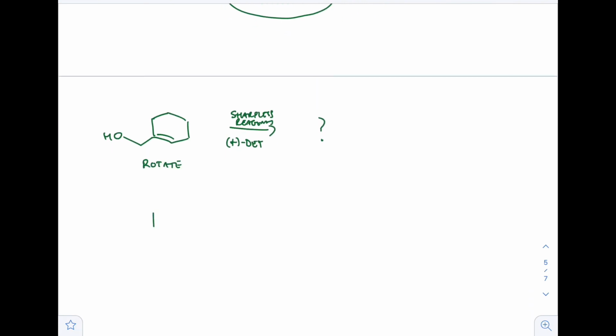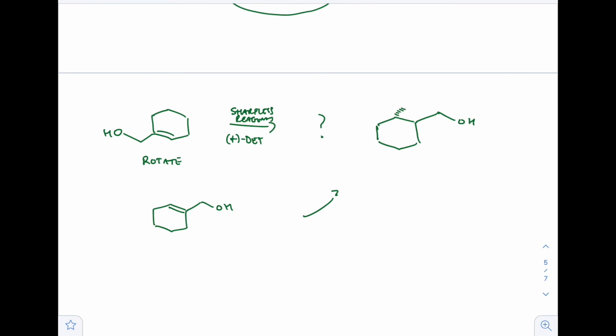You have to orient the allylic alcohol always so it looks like this. So you have your alkene, and then your allylic alcohol is projected to the back, or upper right when we're looking at it in terms of an alkene, okay? And I can't stress this enough: it always has to be oriented to the upper right in order for this positive DET and negative DET approach to work.